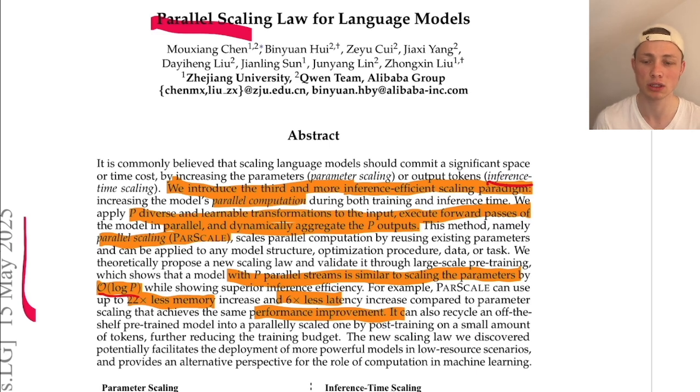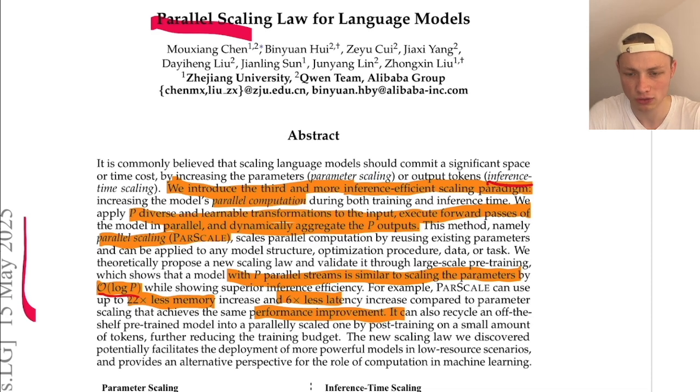So if we have p learnable transformations, we get p outputs, and we aggregate them with a learnable MLP layer, okay? And the overall idea is that if we're doing this, we are not increasing the parameter size, but the model has more computational power, and can have different views on the same input. So I can look from this perspective and from the other perspective. This is the intuitive idea.